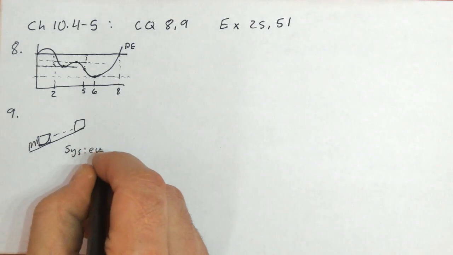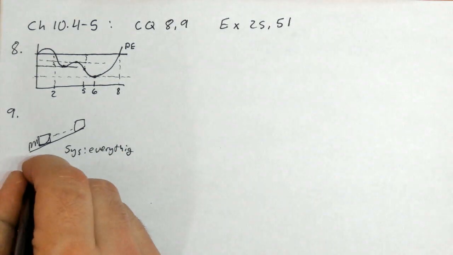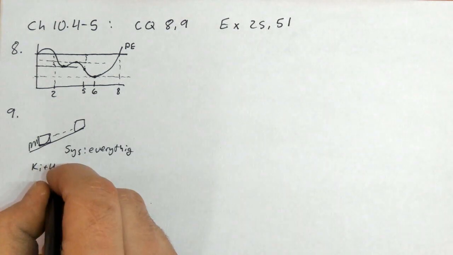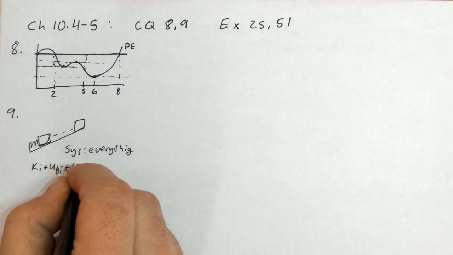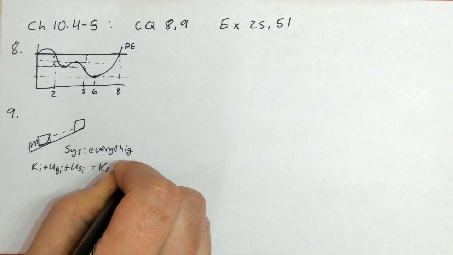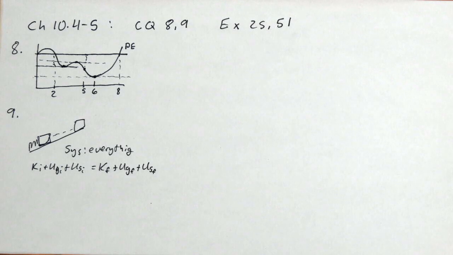So a system of everything allows me just to say K initial plus U initial, and we'd have UG initial plus US initial will equal K final plus UG final plus US final. If we try to figure out how high up the block goes, that means it stops, so K final would be 0.